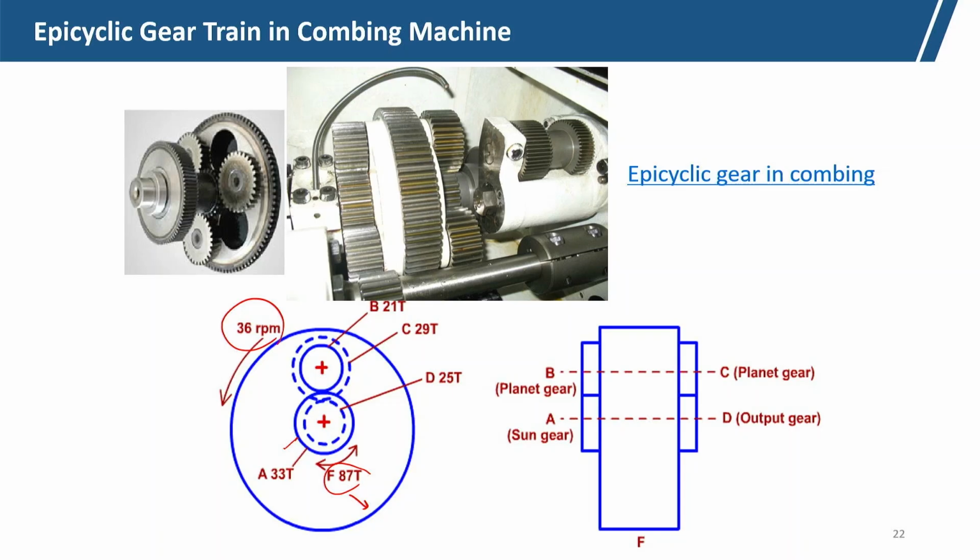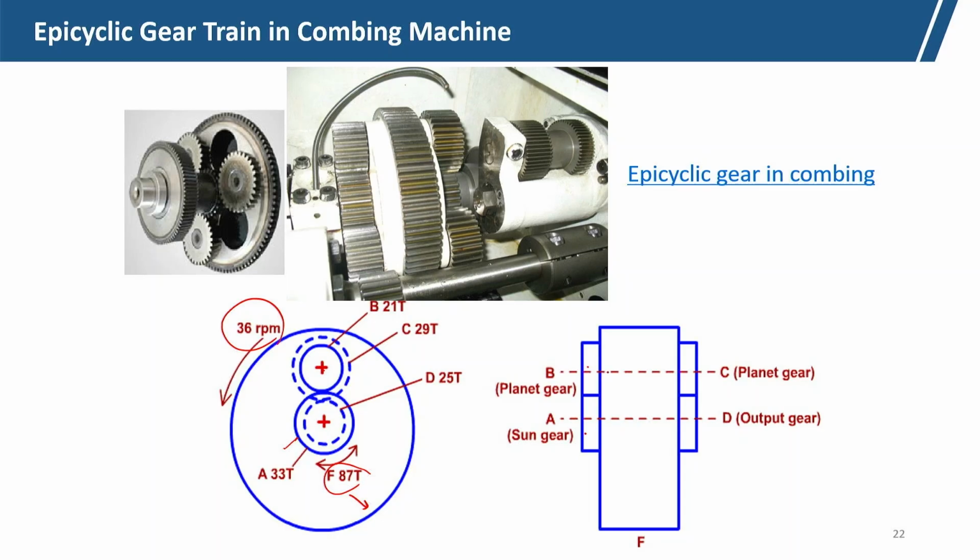Now, the motion of the arm F will give a revolutionary motion to gears B and C, which are fitted on the shaft. So, as F rotates, the axes of B and C will revolve around the sun A, and sun A drives B with the gear, a rotational drive.